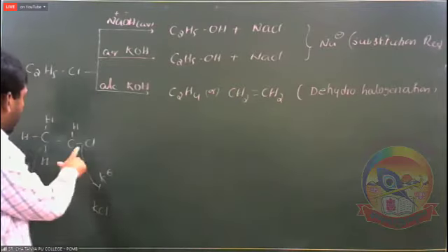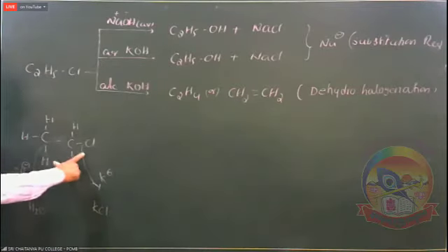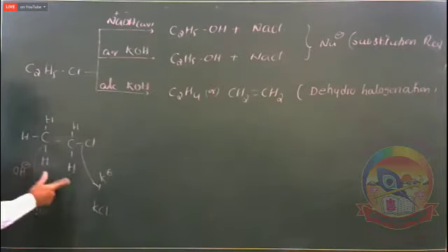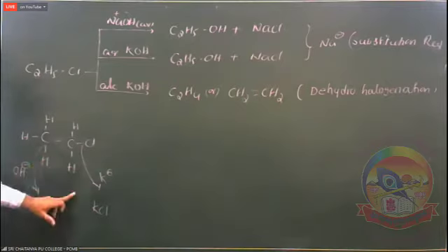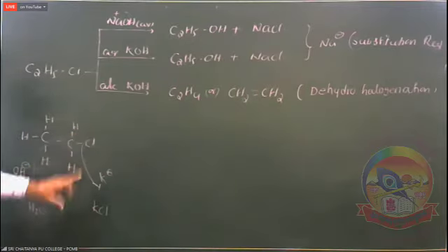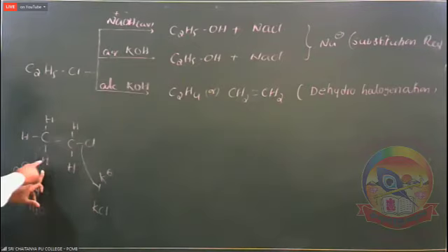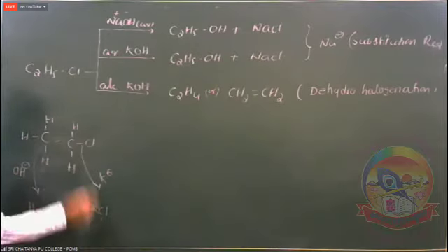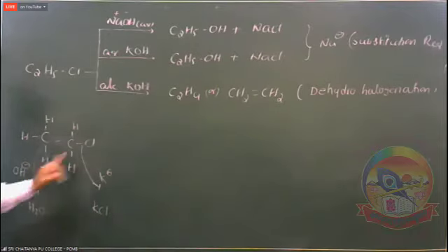Are hydrogen and halogen eliminated from the same carbon or adjacent carbon? Adjacent carbon. What are the byproducts? Here the byproduct is not HCl. It is the elimination of hydrogen and chlorine from adjacent carbon atoms, but the byproducts are water and KCl, not HCl.